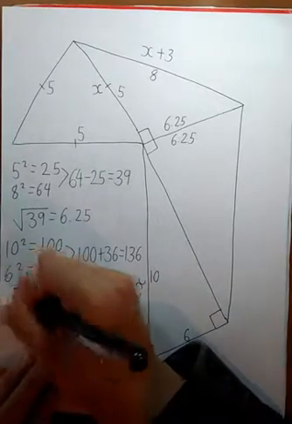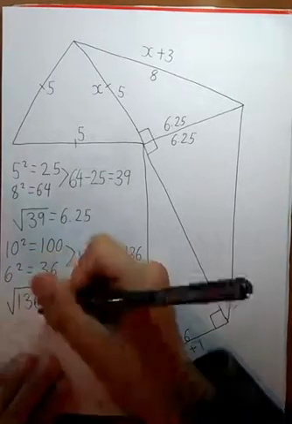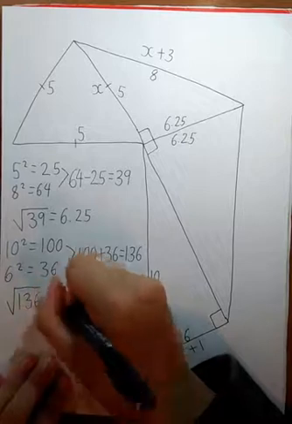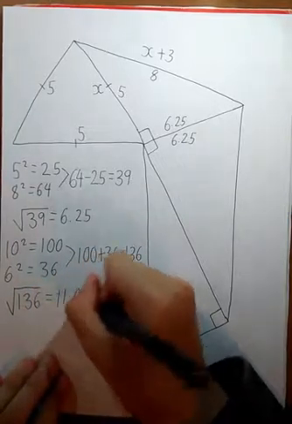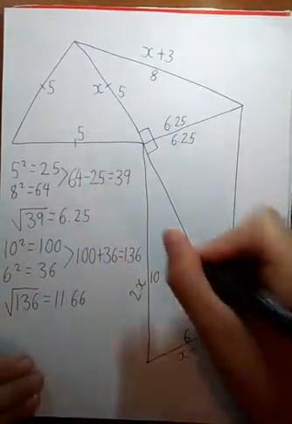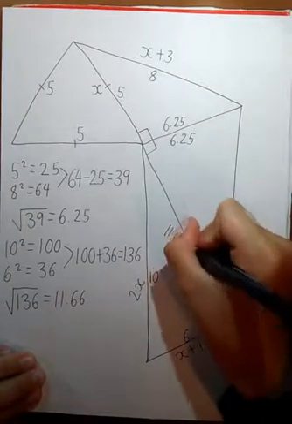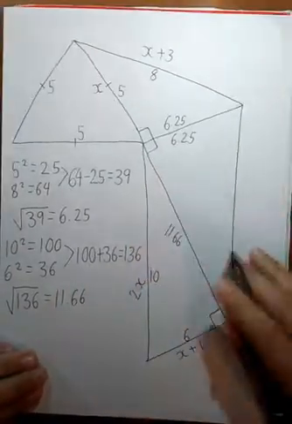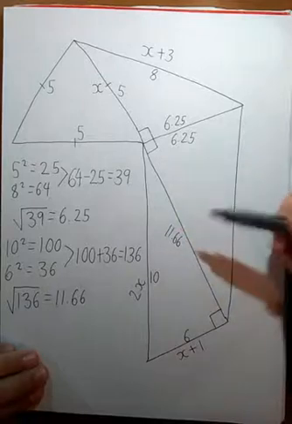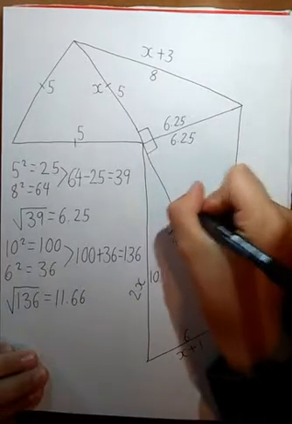And the square root of 136 equals 11.66. So we can write that in here. And this side will be the same length as this triangle.